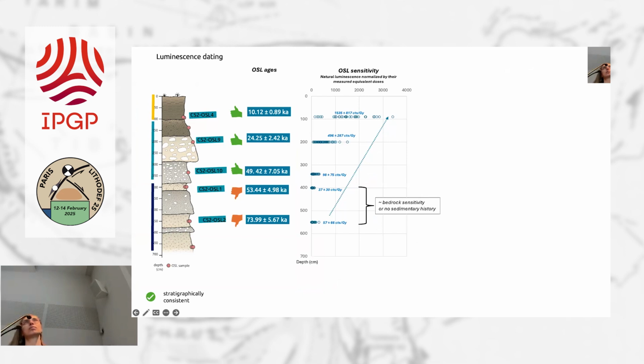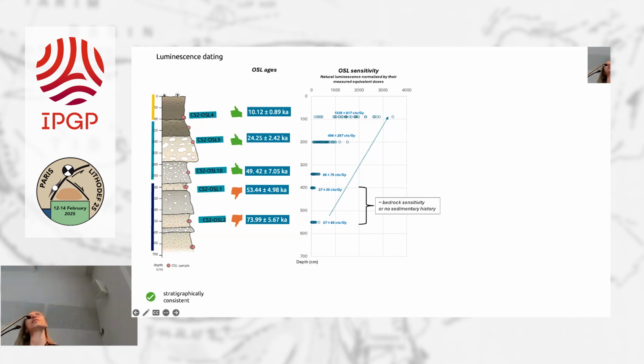So for the OSL ages, first of all, they are stratigraphically consistent. That is good. I was quite happy with that, going from 74 to 10,000 years. I also use the advantage that when I'm doing luminescence dating, in fact, I have many, many data in the background. So I look at the signal and I look at the OSL sensitivity.